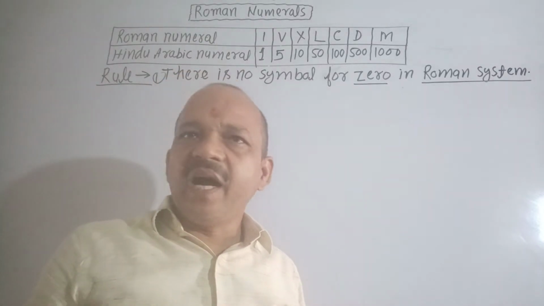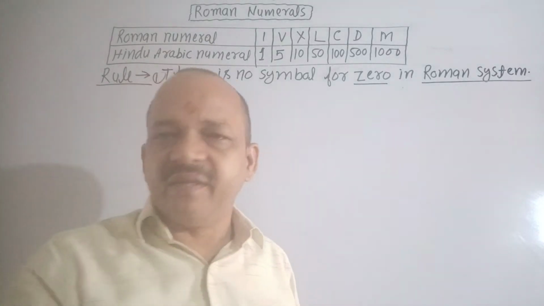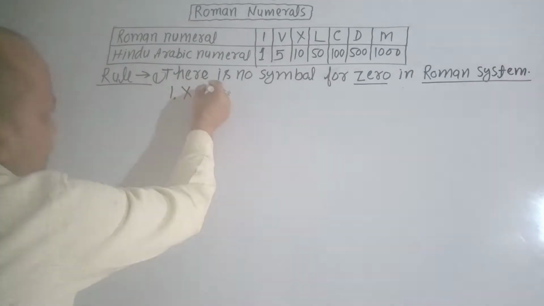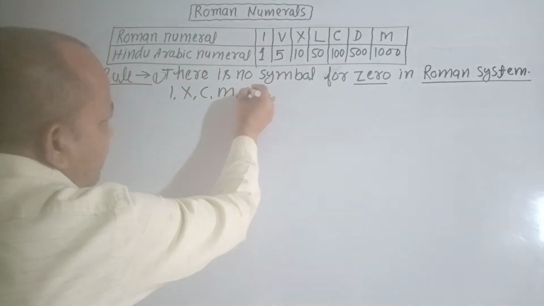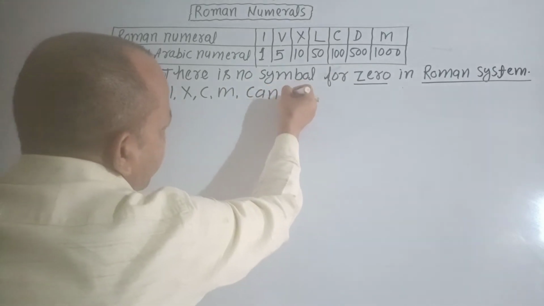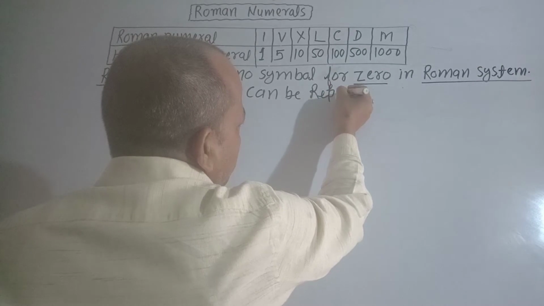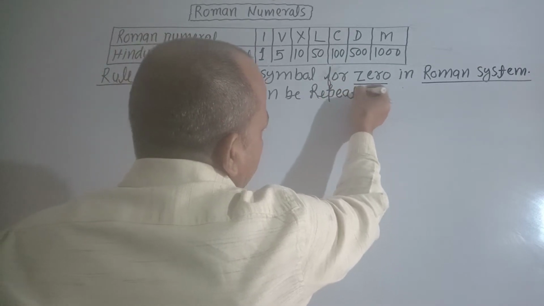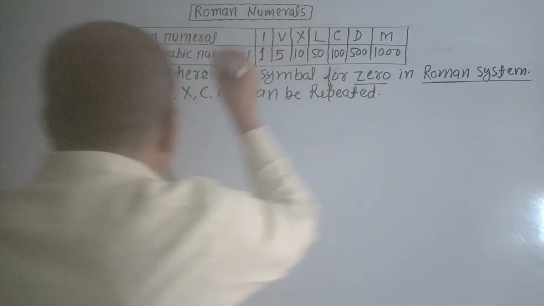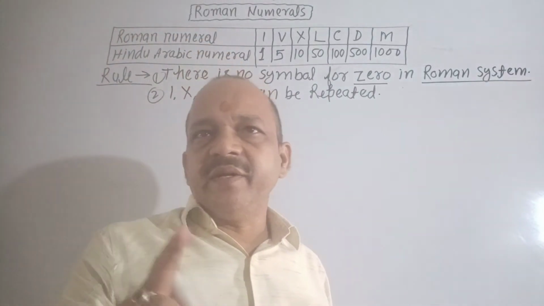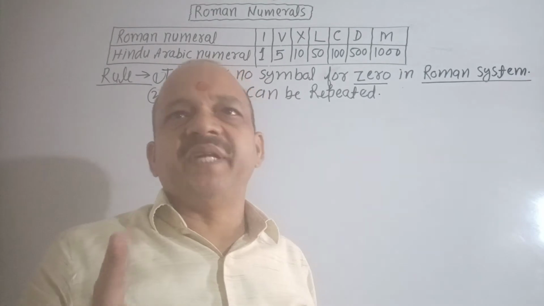Next rule, I, X, C, M can be repeated. It is rule 2. I, X, C, M can be repeated.